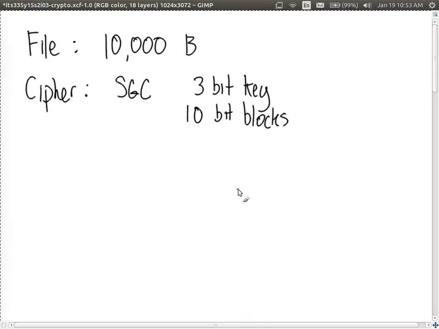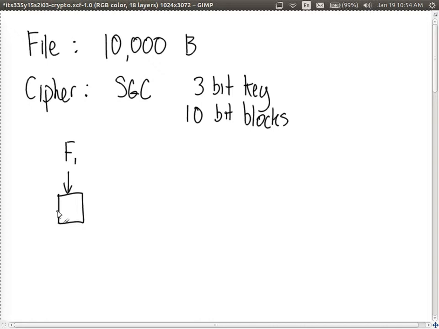So the concept here is that when we have our 10,000 bytes in the file, or 80,000 bits we want to encrypt, we take that file. Don't worry about SGC, it's just my fake name of the cipher. What we do is we take the file and split it.